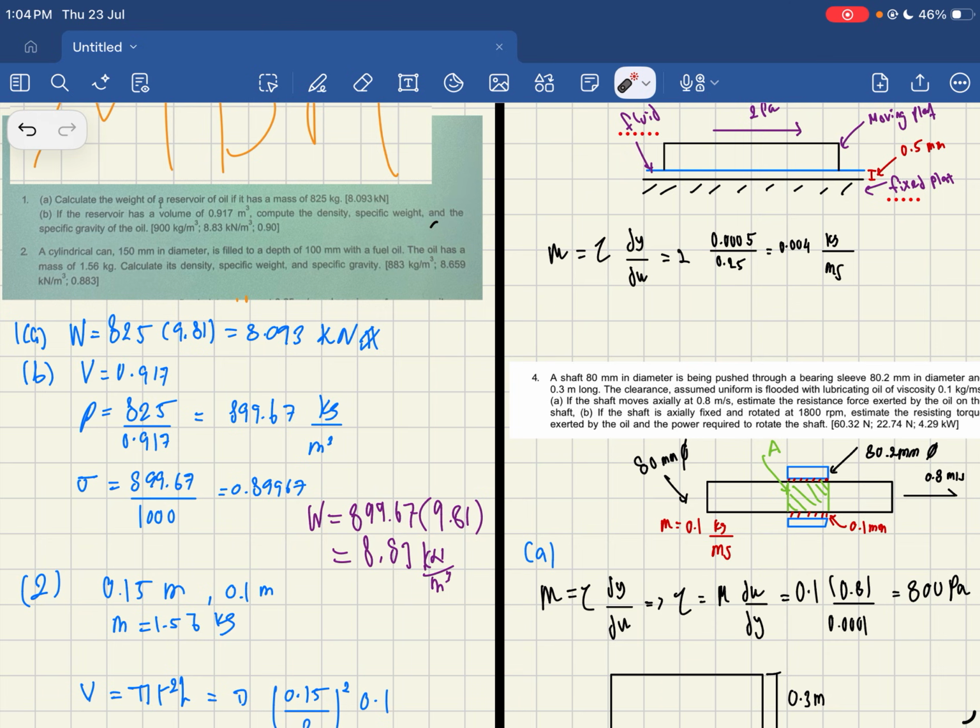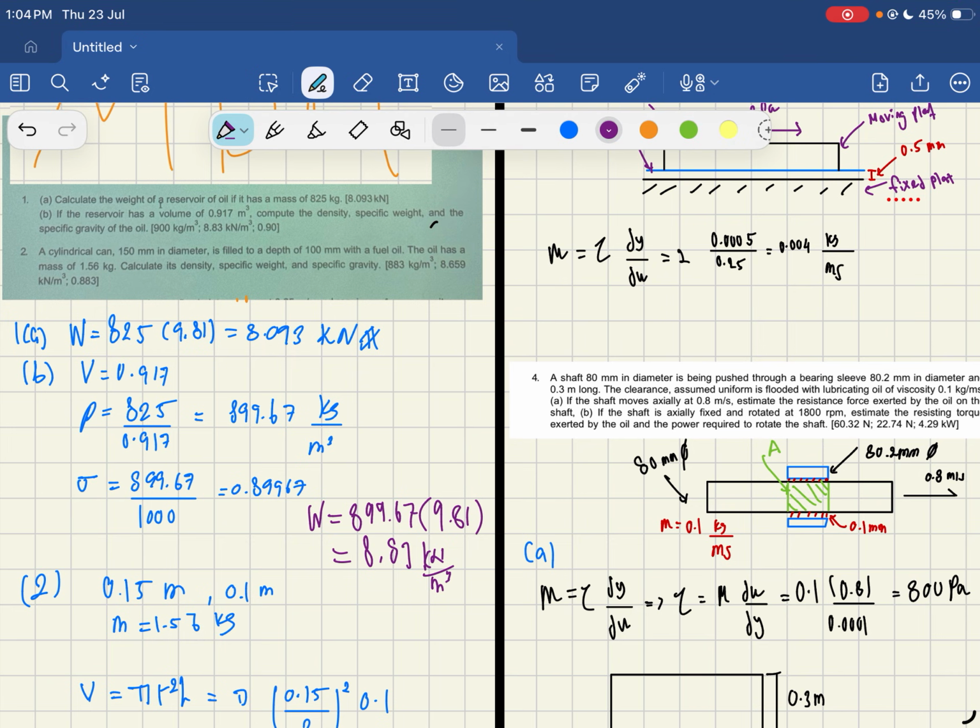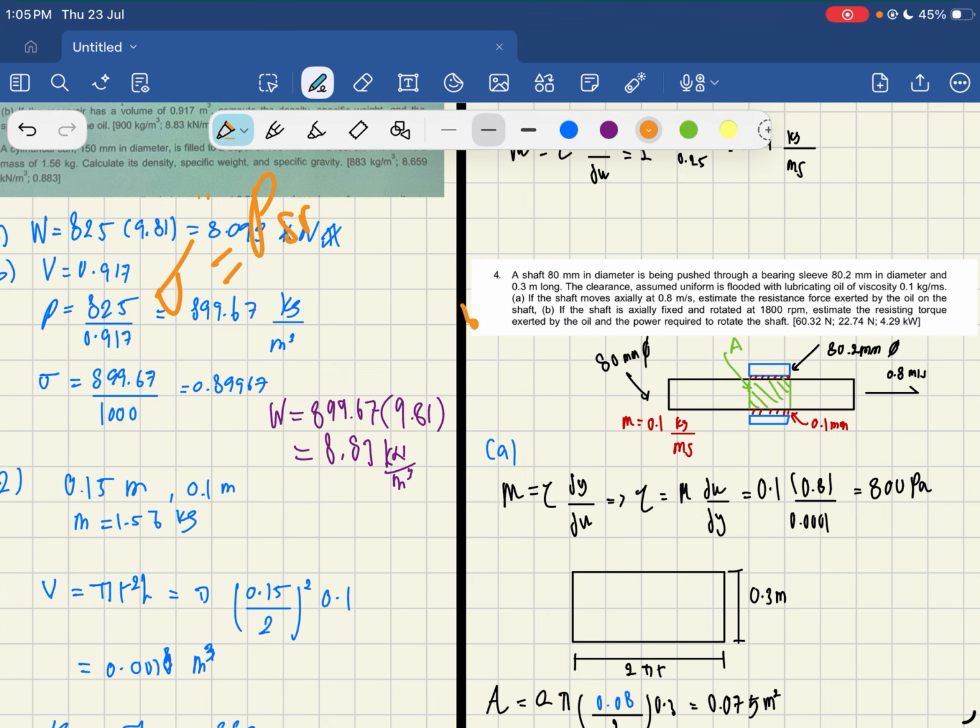Go to specific gravity of an oil, denoted as sigma. It is the product of rho divided by the rho of the water. Essentially, the formula of specific gravity is sigma equal to rho of the substance that we want to analyze over the rho, or the density, of the reference fluid.